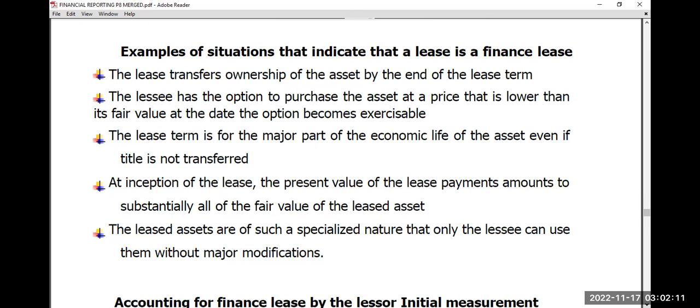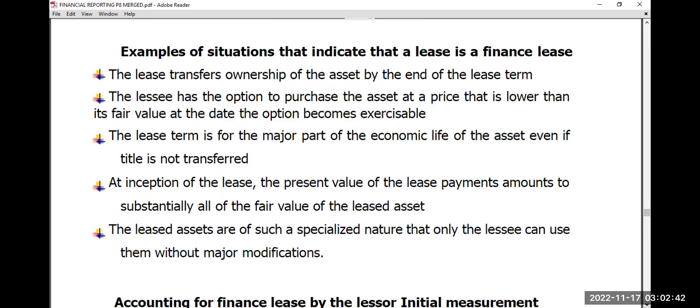Thirdly, the lease term is for a major part of the economic life of the asset, even if the title is not transferred. What this means is that if the asset has a useful life of 10 years and the person leases that asset for 9 years, it's like the person has actually bought the asset.